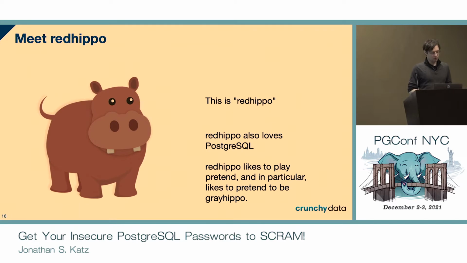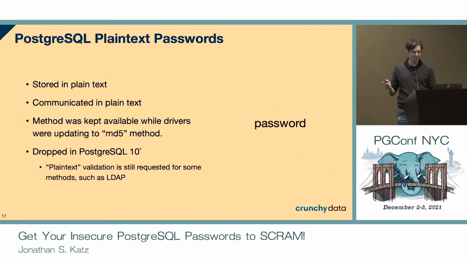We also have Red Hippo. Red Hippo is a friend of Gray Hippo and also loves Postgres, but is a little mischievous. Red Hippo likes to play around with Gray Hippo and kind of wants to be Gray Hippo. So we've got to watch out for Red Hippo, who might be doing some nefarious things.